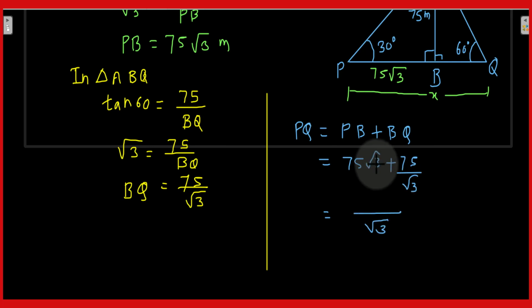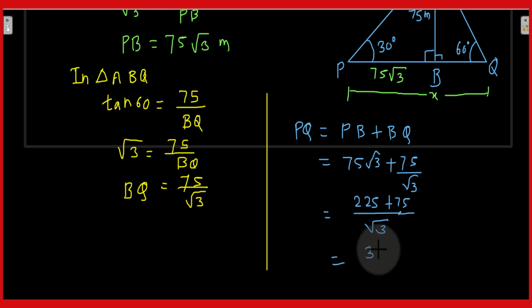Here we will multiply by root 3. So root 3 into root 3 will be 3, and therefore that will be 75 into 3, that is 225 plus 75, which is equal to 300 upon root 3.